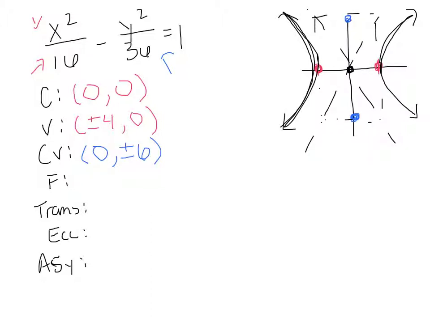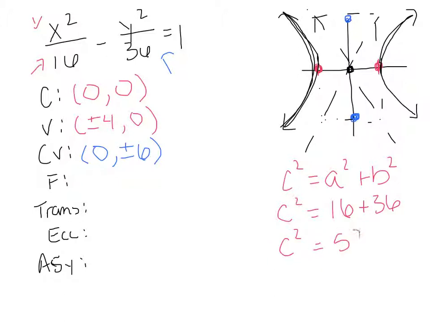And all I'm missing now are my foci. So to find our foci, we have to use that equation, c squared equals a squared plus b squared. So in this case, c squared equals 16 plus 36. So c squared equals 52. So c equals the square root of 52.